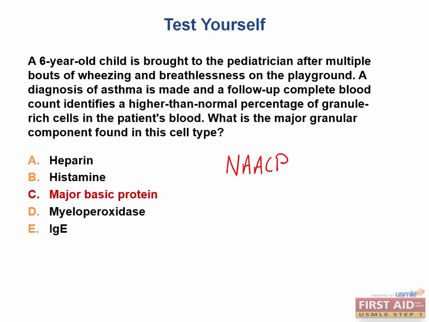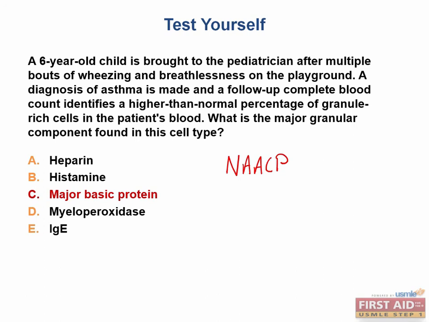Neutrophils like making everything better, or never let monkeys eat bananas. And that's E for our eosinophil. Okay, so we know that the question is asking about the eosinophil. Now the fact that they want us to know about this topic is, what is the major granular component of the eosinophil? And we said this was major basic protein, or answer C.